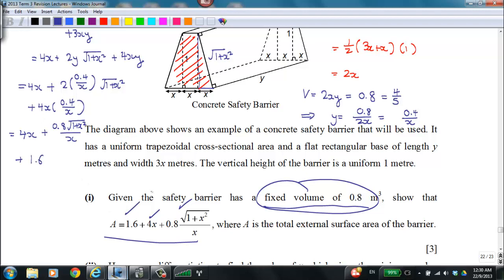And hence, with this, we will be able to find the expression for A, which is the total external surface area of the barrier.